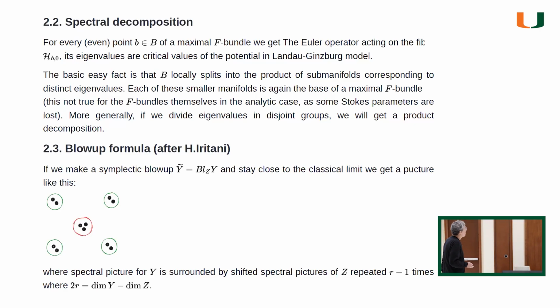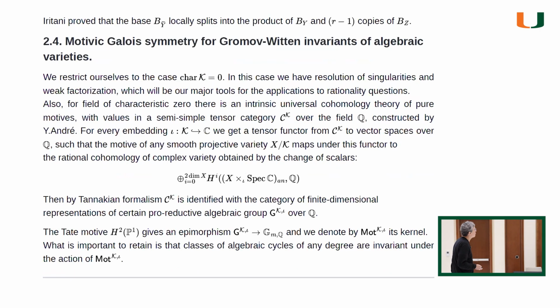Okay. Now, what was the idea of this theory of atoms? Now we try to exploit the fact that our variety is simultaneously symplectic and algebraic, and Gromov-Witten invariants are given by algebraic cycles.